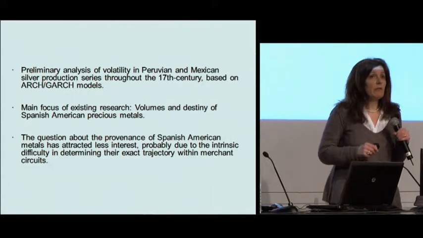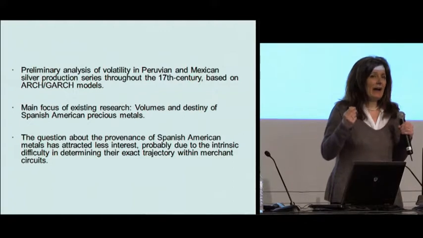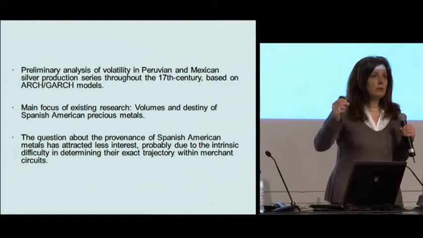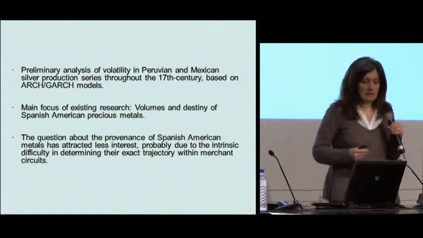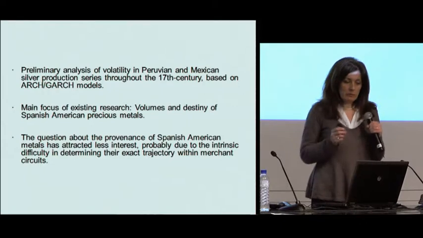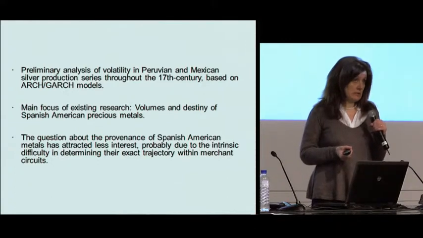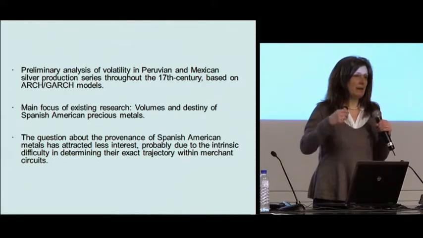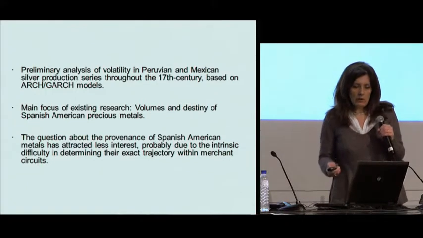More than the volumes of the whole production of silver in the colonies, it's how much silver flowed into Spain through these networks that I think is important, right? And that's what I'm trying to look into. It's difficult to determine, but I'm going to try to use statistical methods to help clarify where metals went.